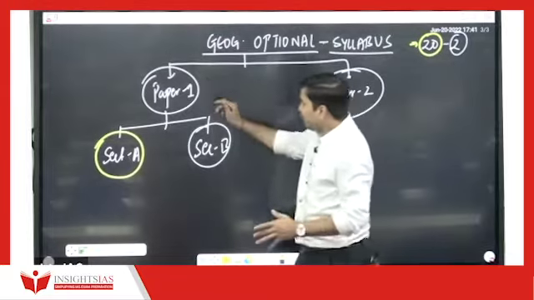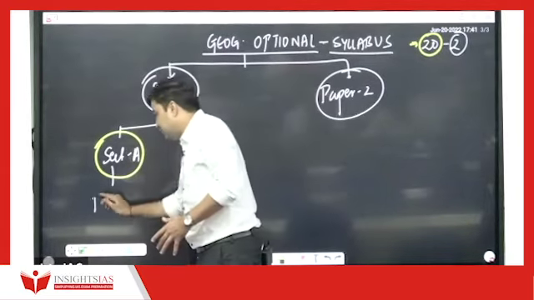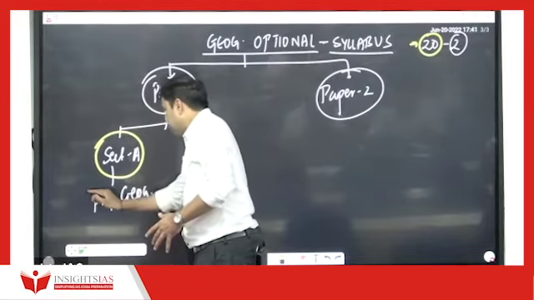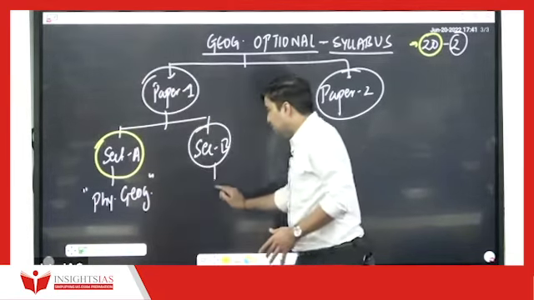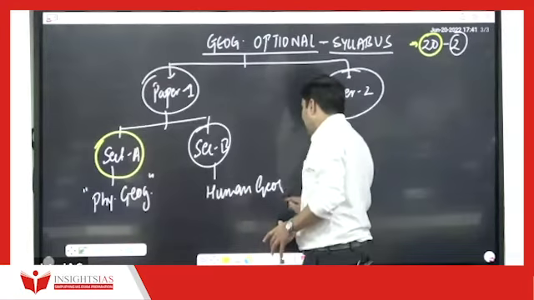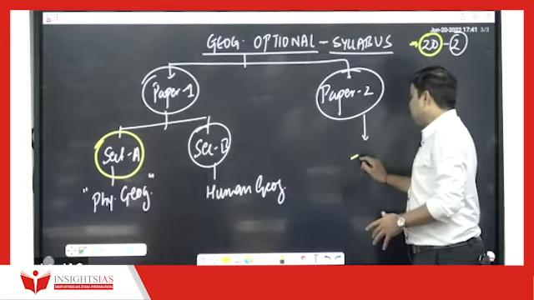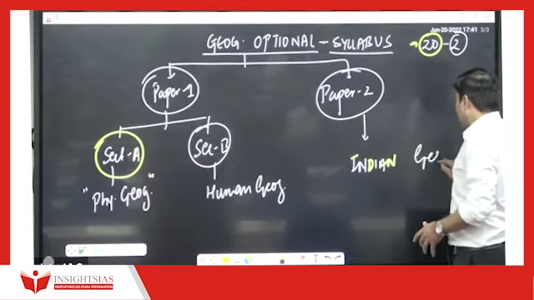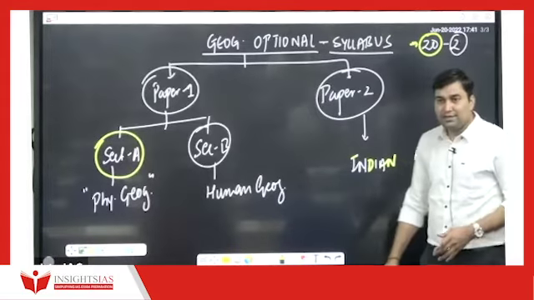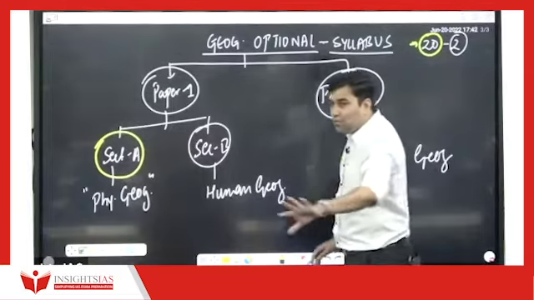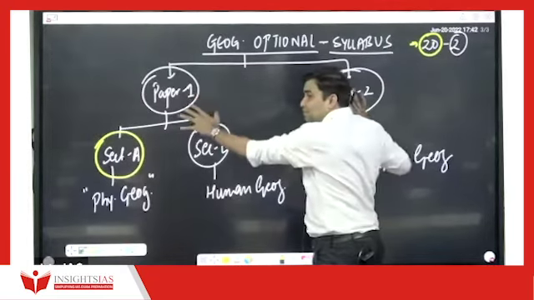So section A essentially deals with physical geography, and section B deals with human geography. And this paper is essentially related to Indian geography.